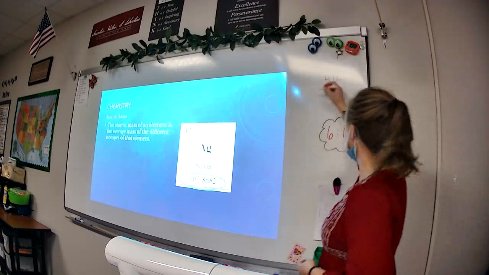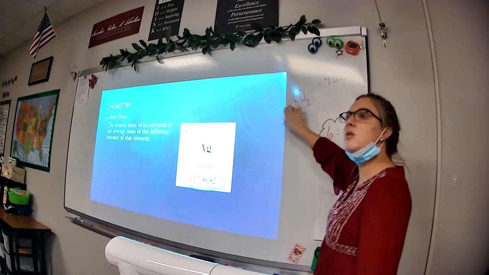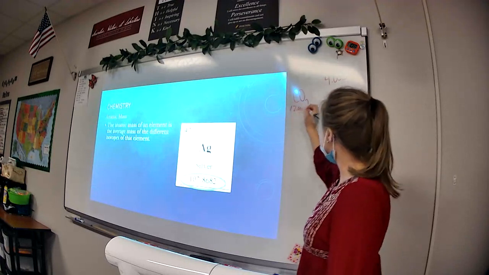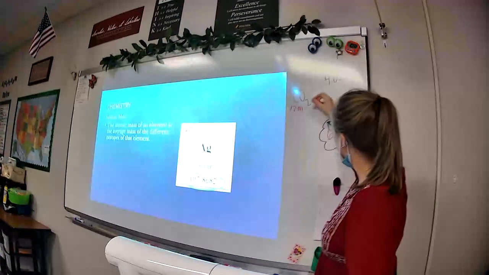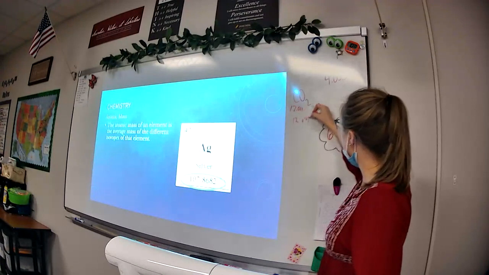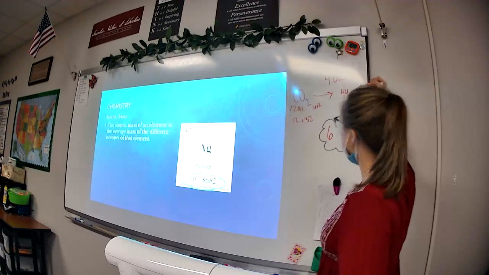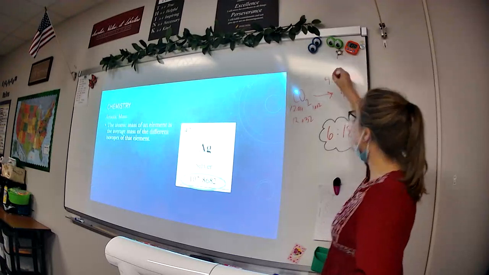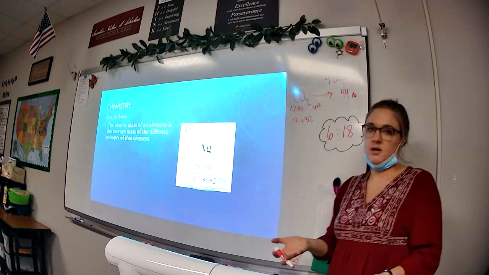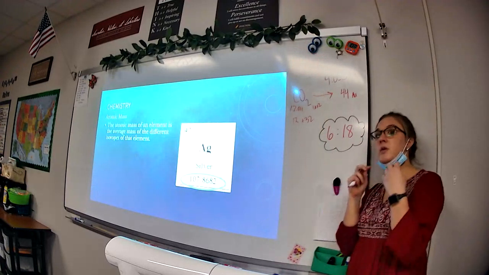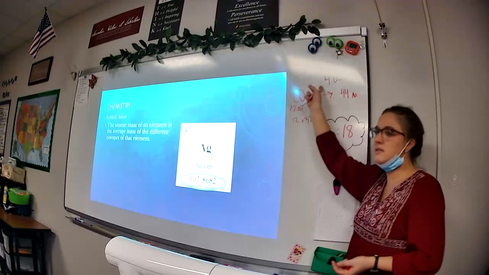One molecule of carbon dioxide: carbon is about 12.011, oxygen is around 16, so this is 16 times 2. So you get 12 plus 32. One molecule of carbon dioxide has about 44 atomic units. So helium is much, much lighter than carbon dioxide, which is why it will float, but carbon dioxide will sink. That's also why if you breathe in the helium from the balloon and you talk, your voice sounds all squeaky. The vibrations sound different in the lighter gas than they do in the heavier gas.